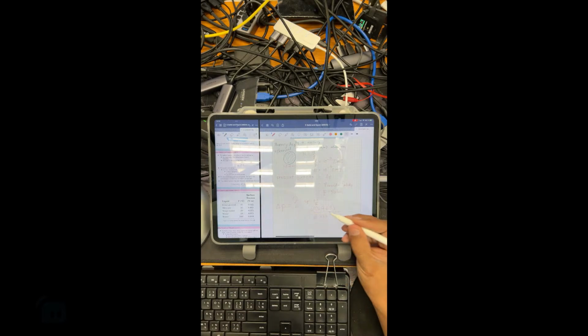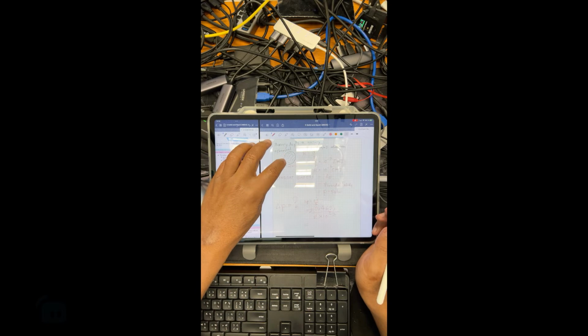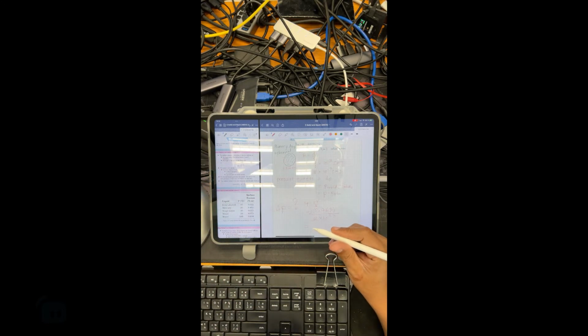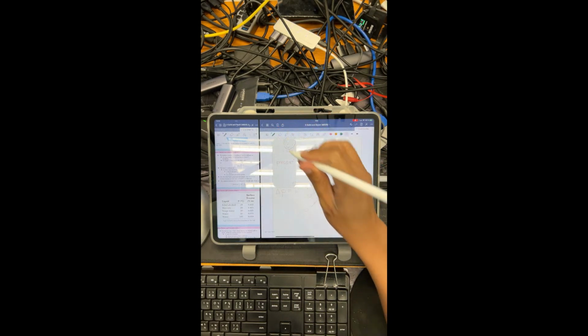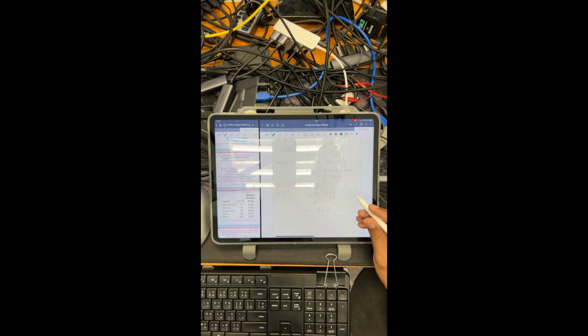Putting it into the calculator, the 2 above and below cancel, and we flip the 10 to the negative 3 to the numerator, and we end up with 465 only. The unit of pressure is Pascal, or Newton per square meter, it's the same thing. That's it for this problem.